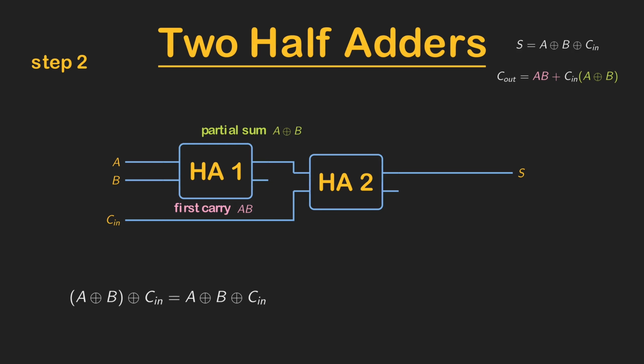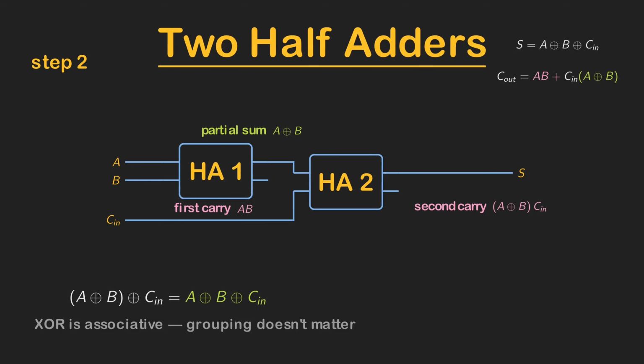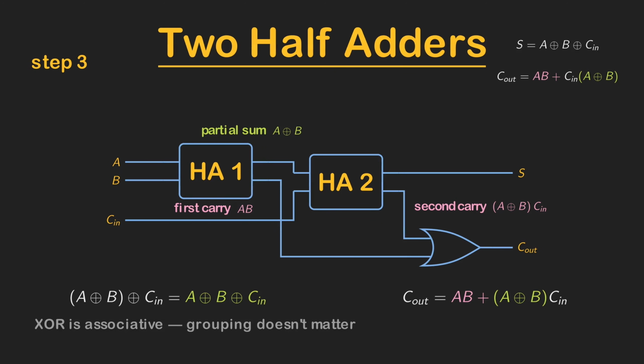And XOR is associative, so the grouping doesn't matter. That is exactly the full adder sum. Its carry output, call it the second carry, is the partial sum and carry-in. Step 3. The carry-out is simply first carry OR second carry. Expand it: A and B, or A XOR B and carry-in. That matches our equation perfectly.